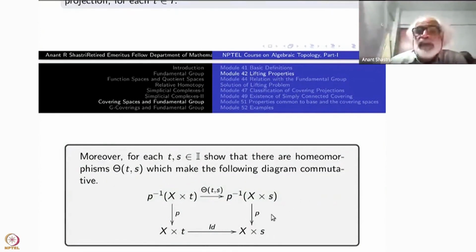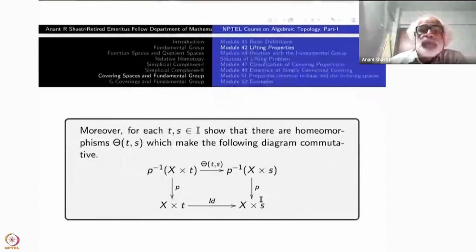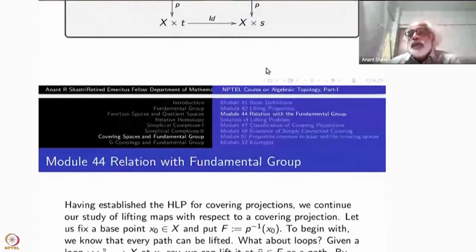So such a diagram is possible. This is what you have to show. Looks crazy, but you don't need anything more than what you have learned. Don't even need the homotopy lifting property, just the definition of covering projections. Okay, so let's stop here. Thank you.